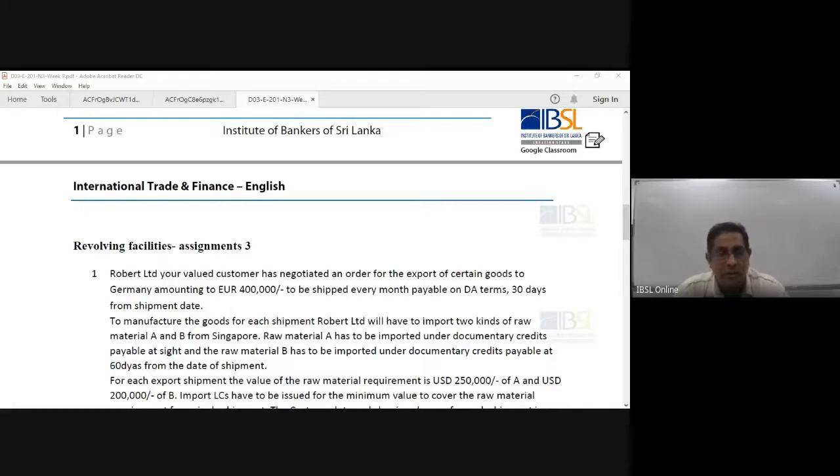The trade term CFR warrants neither party, that is buyer or seller, responsible to contract for insurance.